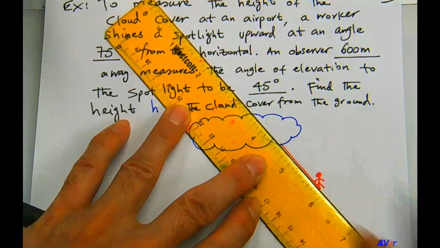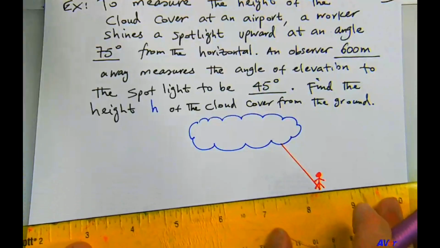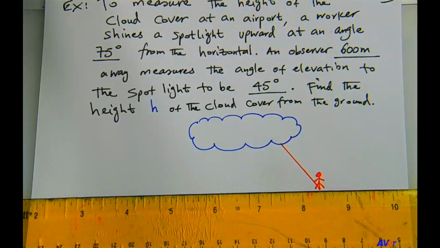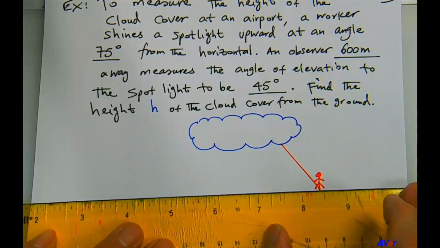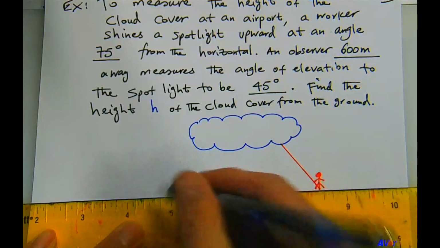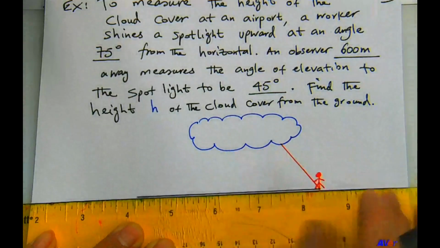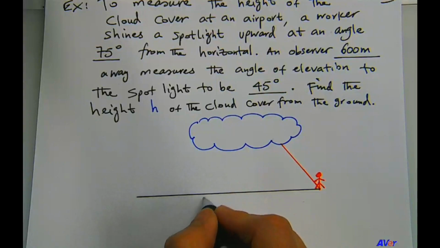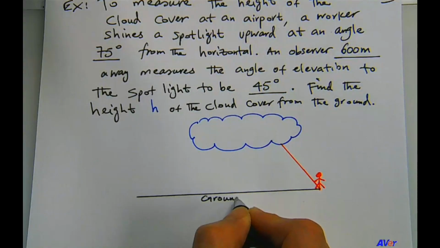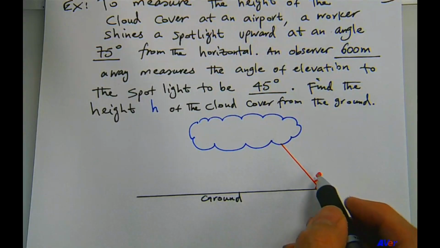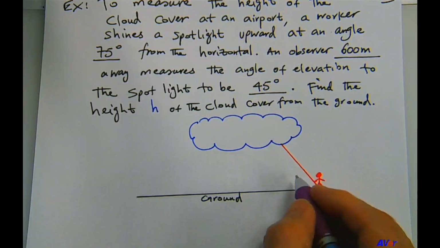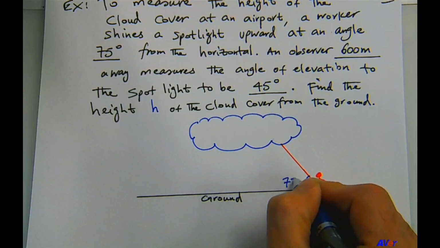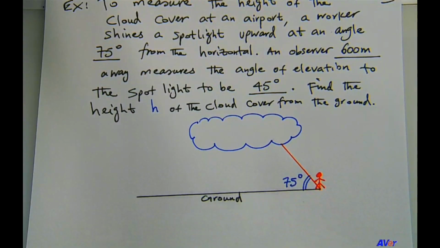So that's 75 degrees with relationship to the ground. So let me draw the ground for this. Something like that, right? So this is the ground, and this is the worker, and we are told that this angle here is 75 degrees, right?